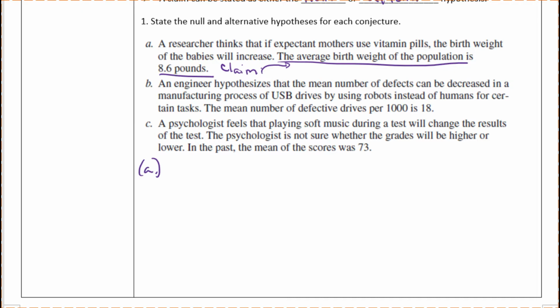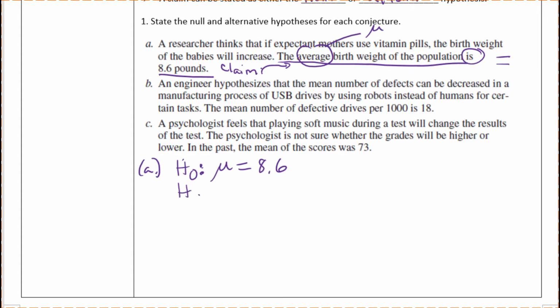The claim is that the average is 8.6. So where does that belong? Well, that belongs to the null because it means equal to. So H0, and it says average. The symbol for average is mu. So we have here mu is equal to 8.6.